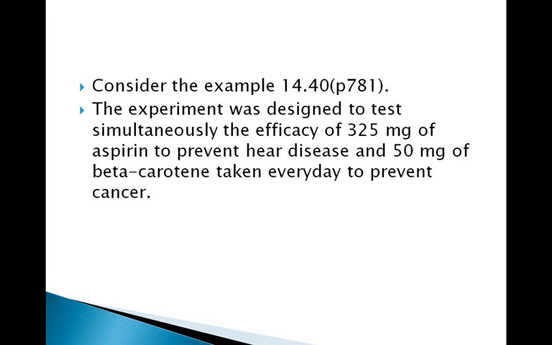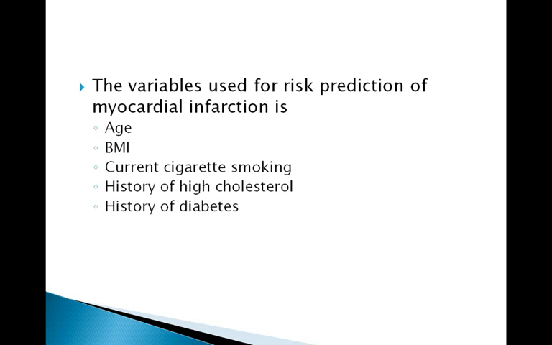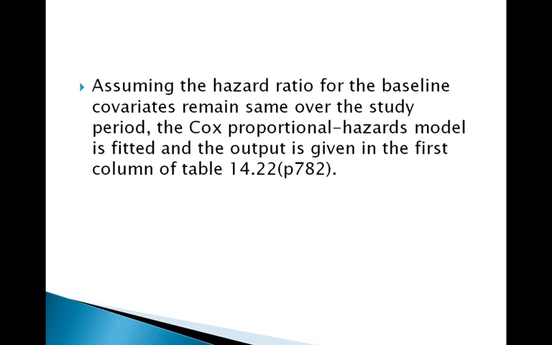14.40, and the experiment was designed to test the efficacy of 325 milligrams of aspirin to prevent heart disease and 50 milligrams of beta-carotene taken every day to prevent cancer. The variables used for risk prediction of myocardial infarction as the endpoint are age, BMI, current smoking, history of cholesterol, and history of diabetes.